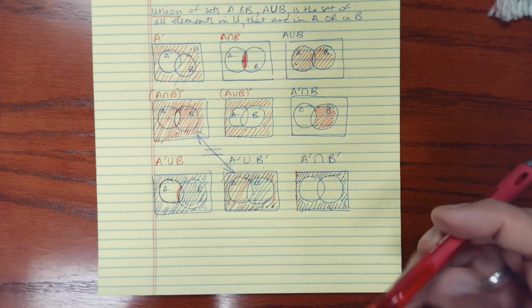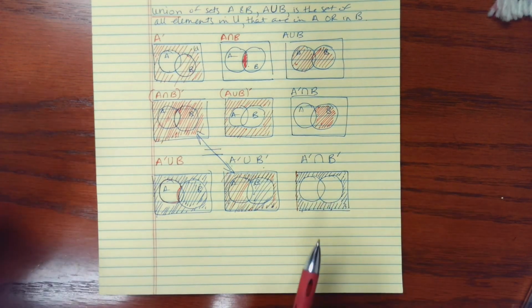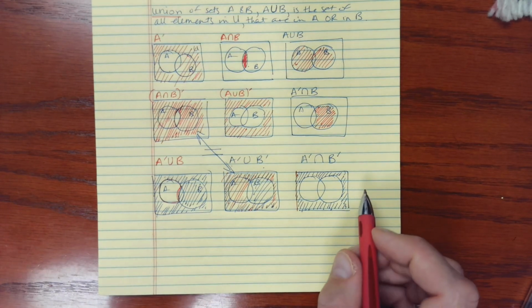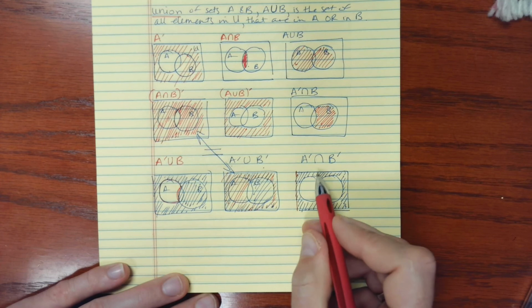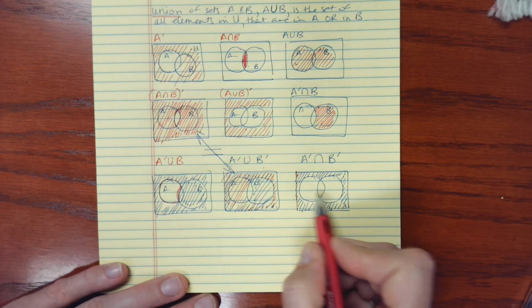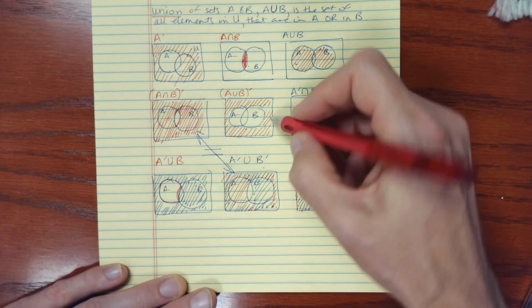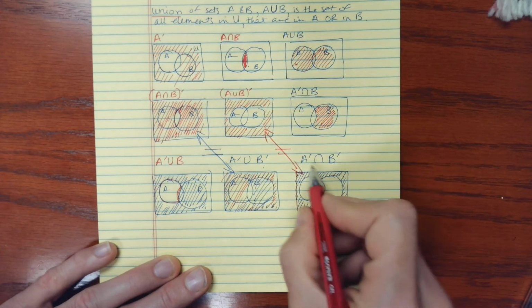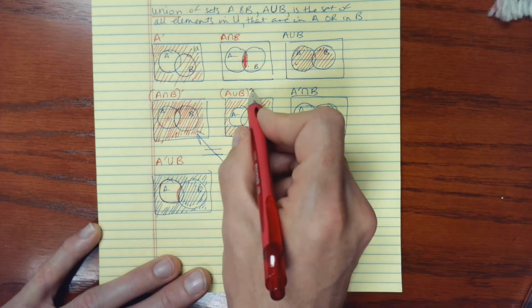A's complement, that's everything here. B's complement would be everything outside of B. And so the things that those two share in common are this region in the universe that's in neither A nor B. And now again, let's see. We've seen that before. That's the same thing as this guy. And so here we have the intersection of complements. That's the same thing as the complement of the union.